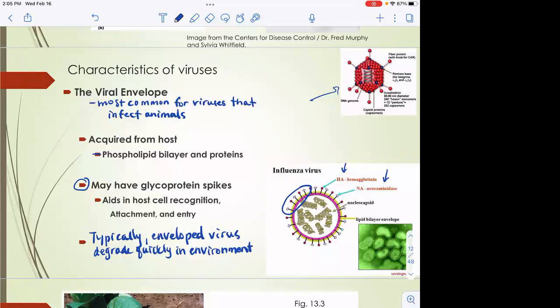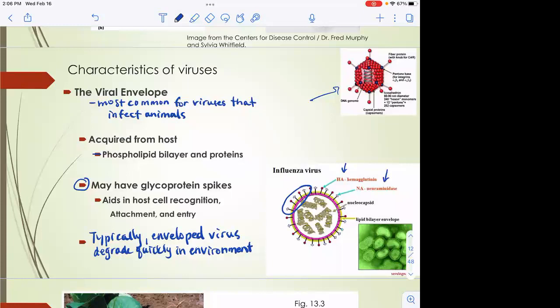It's really susceptible to sunlight, any kind of radiation, or any kind of disinfectant that we put on it. So enveloped viruses, like coronavirus, typically may only be viable for an hour or two on some surface, maybe up to a day or so.